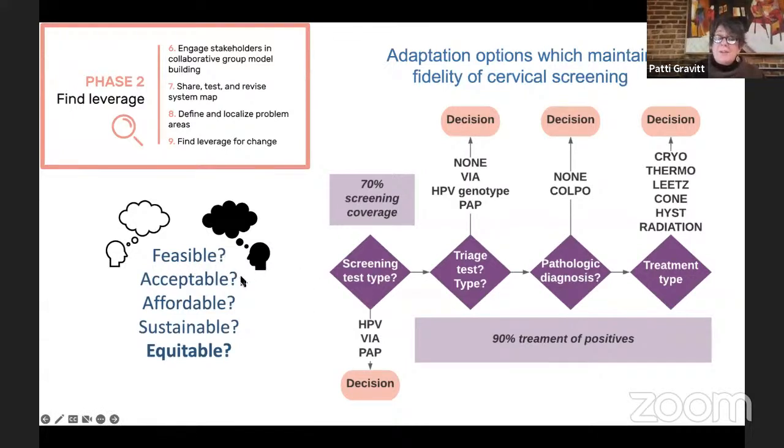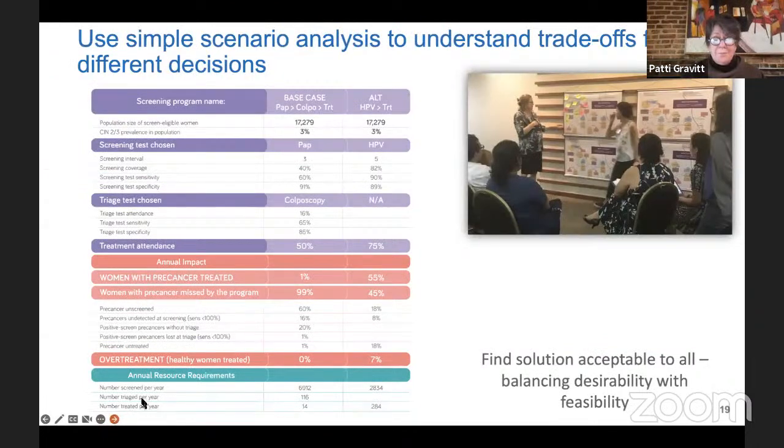Would it be acceptable to everyone, both those who influence the program by giving it funding, those who deliver the program, and those who benefit from the program and the larger community? Importantly, would it be affordable? Would it be sustainable? And very importantly, will it be equitable? Is it only going to benefit those who have the most access, or would it benefit the whole society, which is really what we need to do to meet these elimination goals of 70% coverage and 90% treatment.